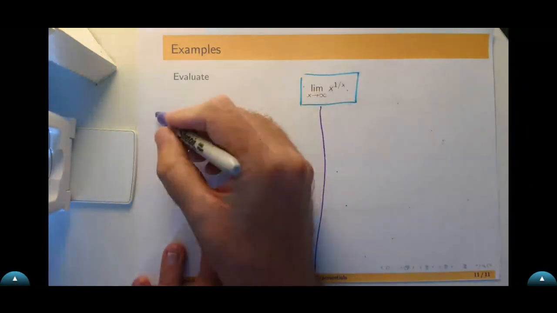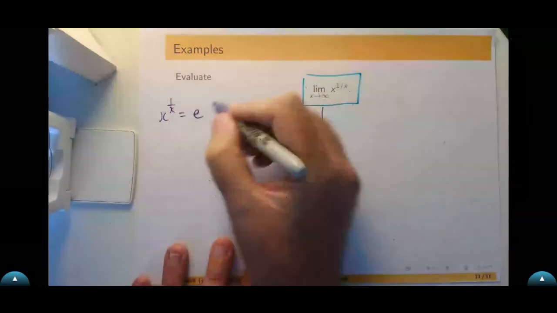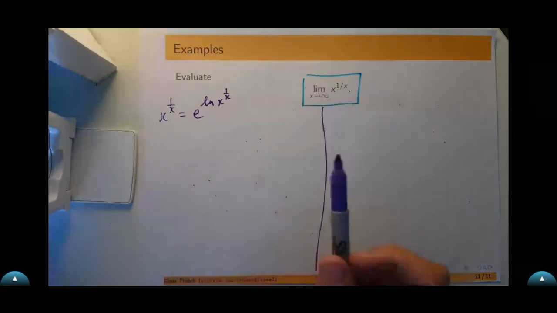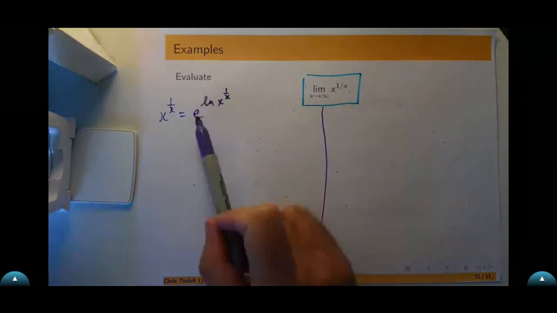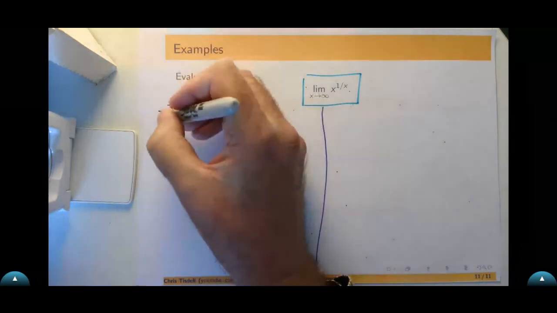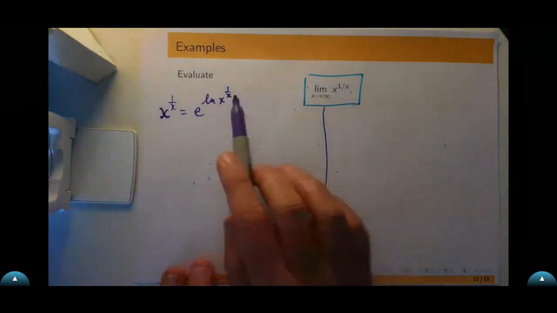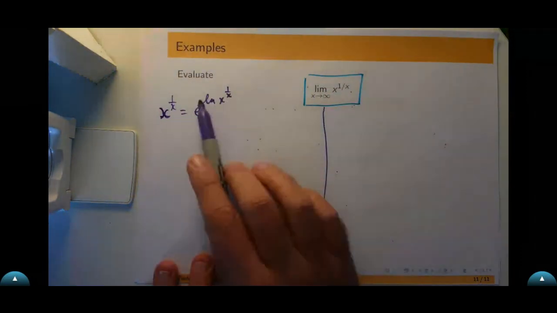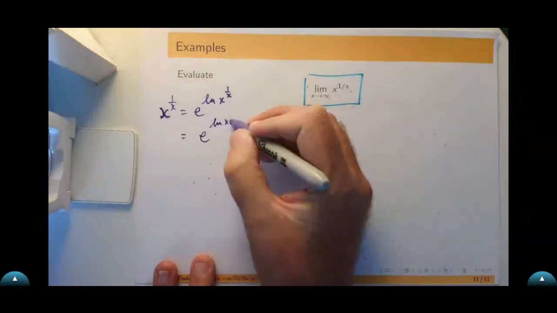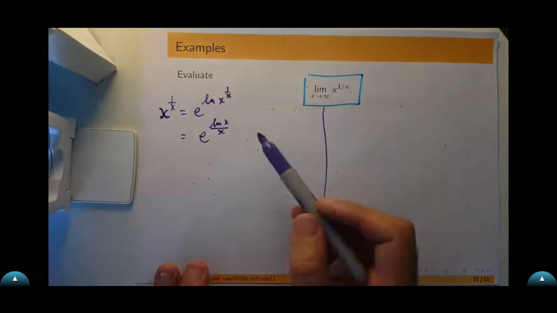Okay, so let's write this in the following way. I'm going to write it like this. So it looks a bit messy, but e and natural log are opposite, so I haven't changed anything for this one. Okay, and what I can do is bring the 1 on x to the front, and write it like that. So the 1 on x has come to the front.